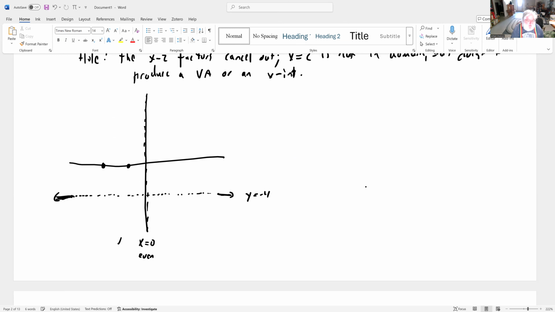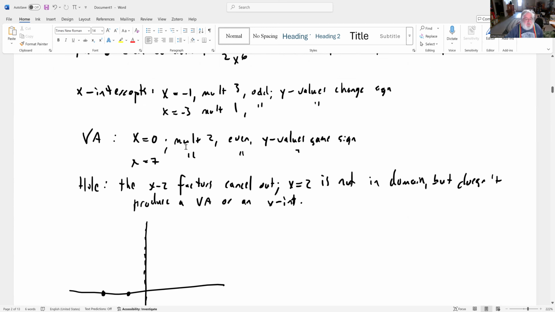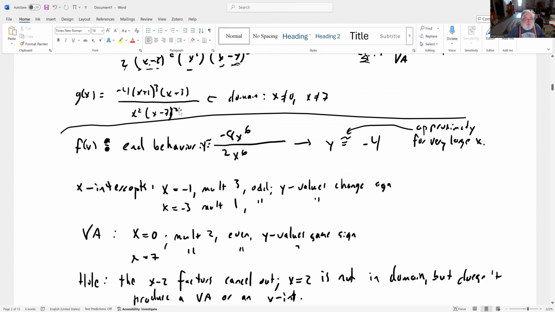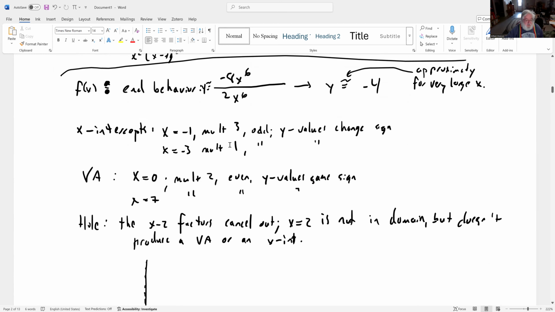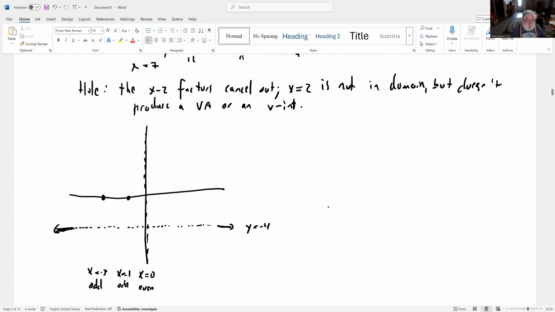That's even. X equals -1 is my x-intercept here. That's odd. X equals -3 is my x-intercept there, and it's got odd multiplicity because it's an odd power. X equals 7 has a multiplicity of 2 because it's x minus 7 squared. That'll be out here somewhere. That's our other vertical asymptote.